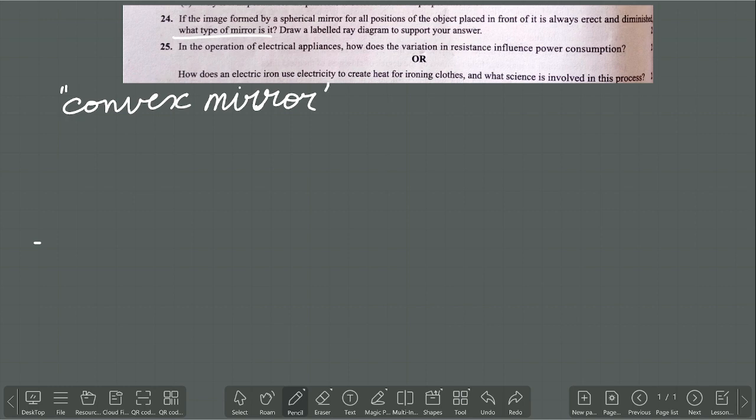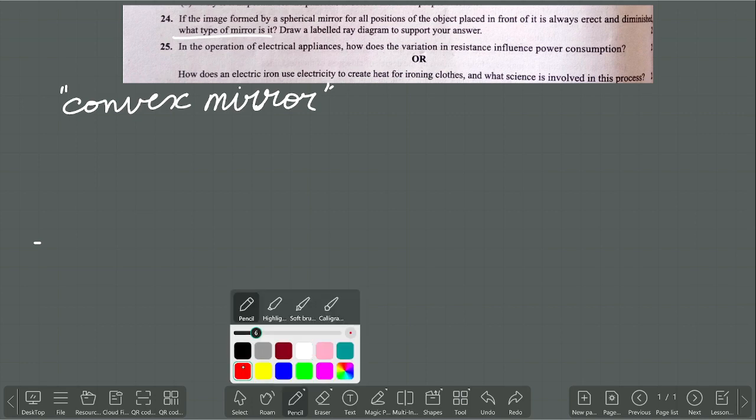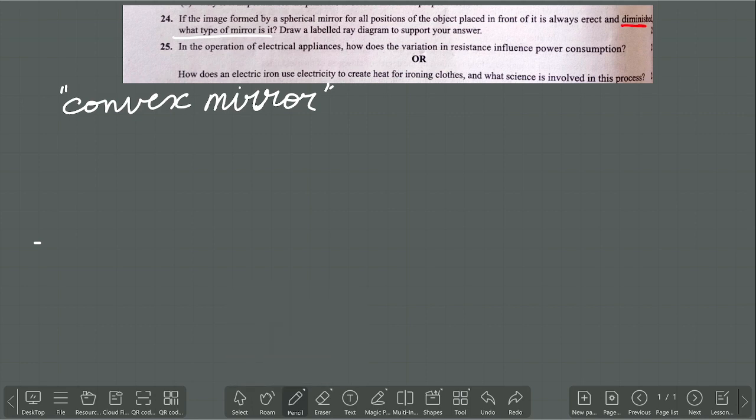Suppose they didn't say the word diminished, then what will be the nature of the mirror? Convex and always erect, convex and plane mirror. But here the main word is diminished.